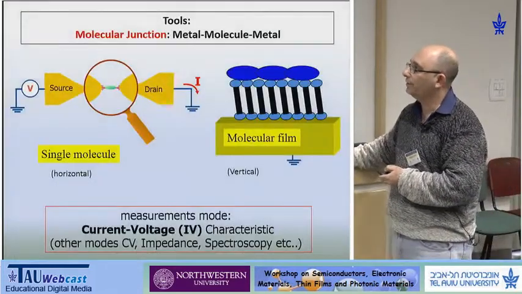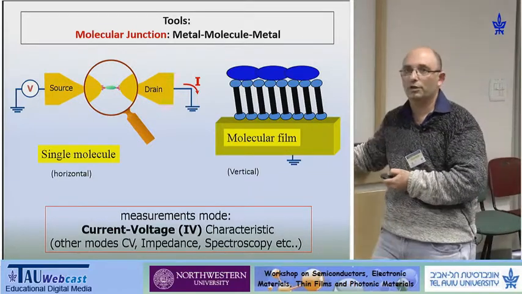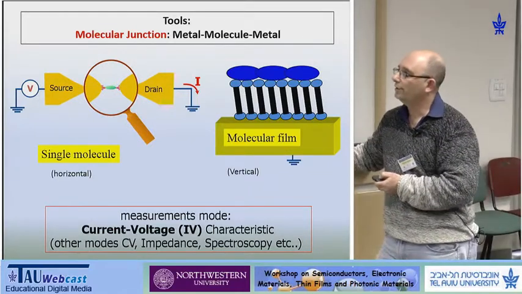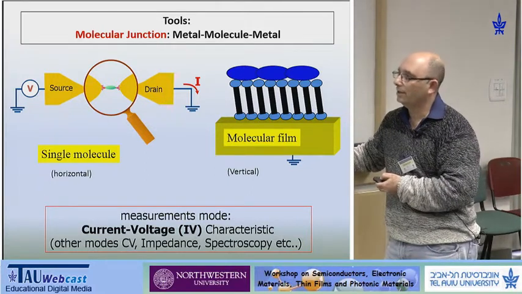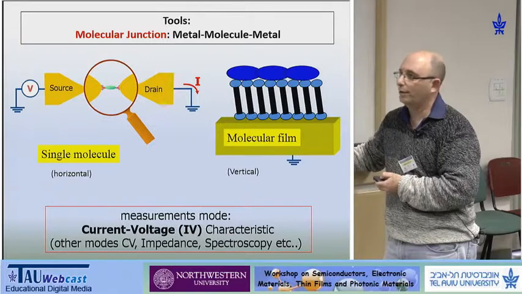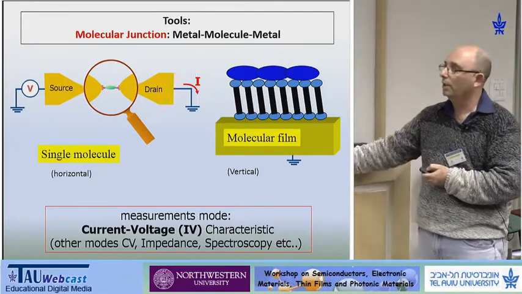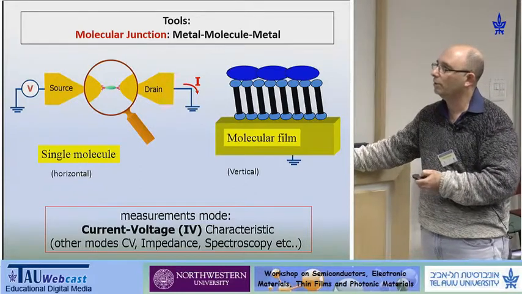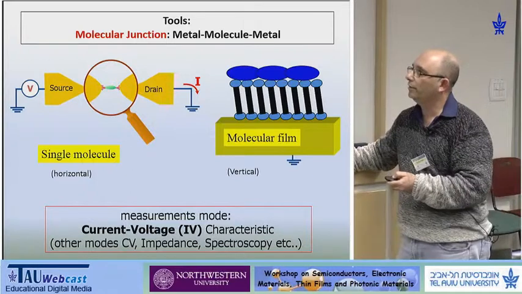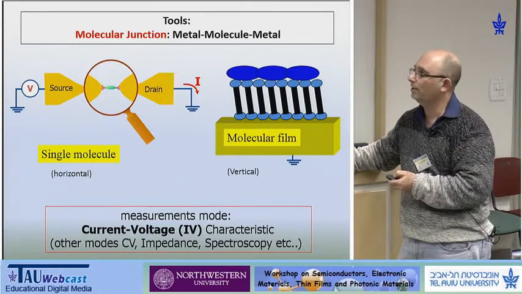So first, let's define our tools, which are the molecular junctions. A molecular junction is basically, simply saying, a molecule or a self-assembled monolayer which is sandwiched between two metals. Okay, we can go into the molecular scale. This is a single molecule experiment in which we have two electrodes and one molecule stuck in between.